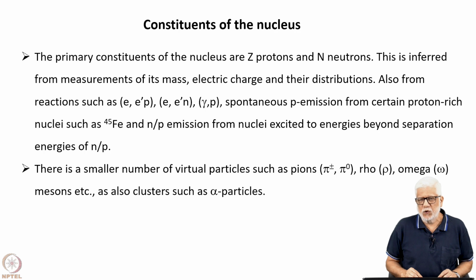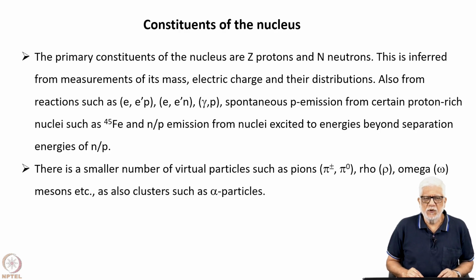Similarly, if you have the rho and omega vector mesons, then of course, they can also be produced virtually. Of course, they travel shorter distances. So, in fact, we believe that the pion contributes to the long range part of the nucleon-nucleon interaction, whereas the rho and omega contribute to the short range part of the nucleon-nucleon interaction.